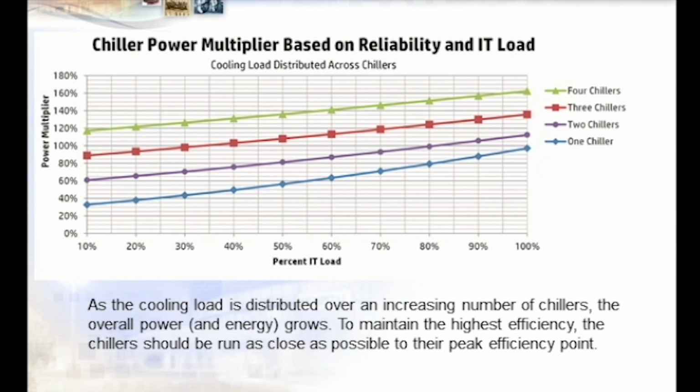And the more redundancies we put in, potentially the higher what I'm calling here the energy or power multiplier will apply. So in the analysis of different chiller plant configurations, understanding how long or at what point the IT systems will run will drive a design and drive what is the best energy strategy for that chiller plant.